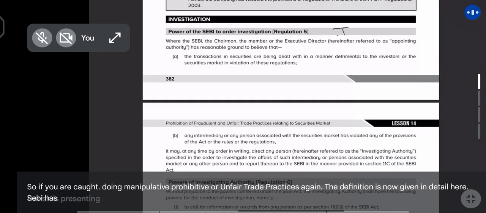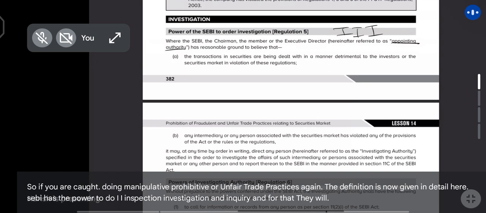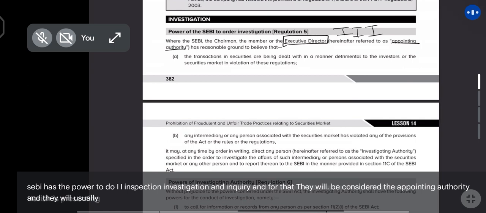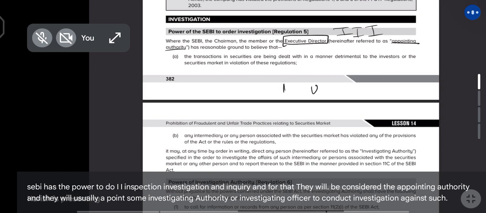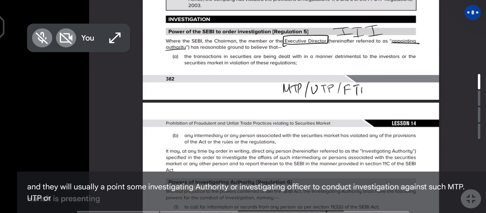SEBI has the power to do III: inspection, investigation, and inquiry, and for that they will be considered the appointing authority, and they will usually appoint some investigating authority or investigating officer to conduct investigation against such MTP, UTP, or FTP.